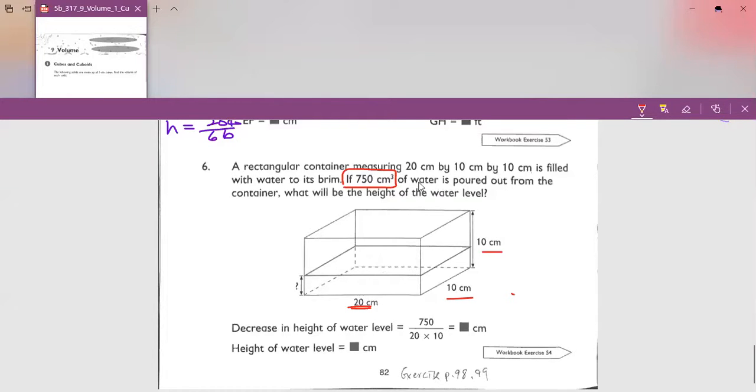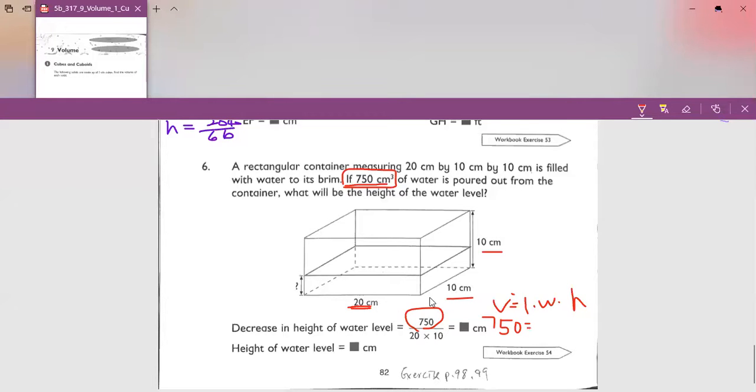If the water is pouring out, we measure the water, it has a volume of 750. So pretend the formula for the volume is the length times width times height, right? Now we have the volume 750. This is the volume of the water, okay?